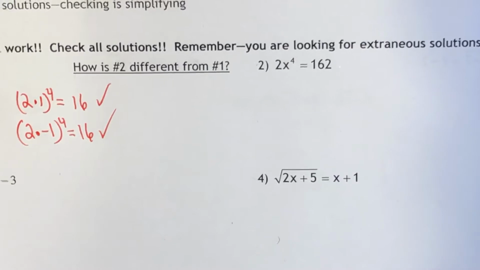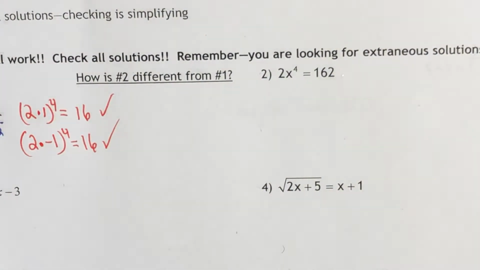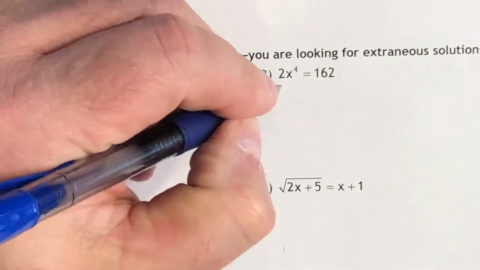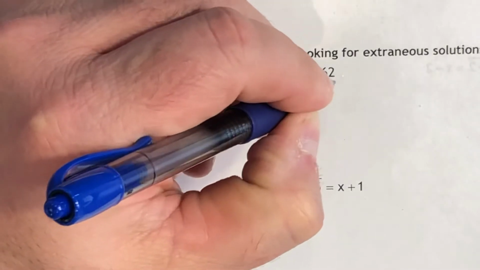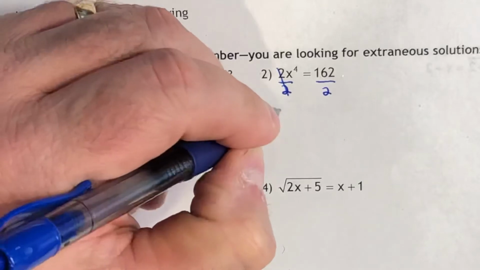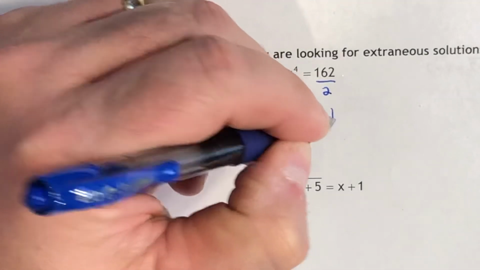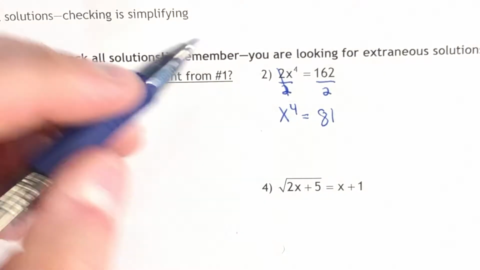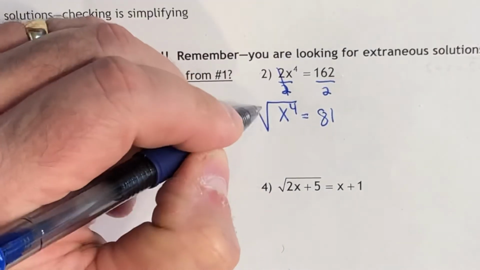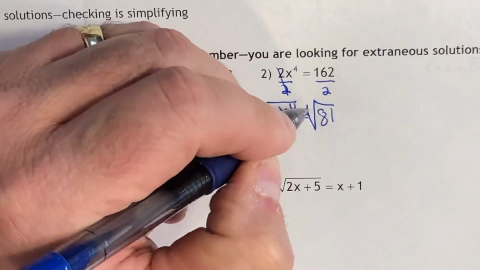Number 2. 2x to the 4th equals 162. So first step is to divide both sides by 2. So x to the 4th equals 81. All right, so now we fourth root both sides.